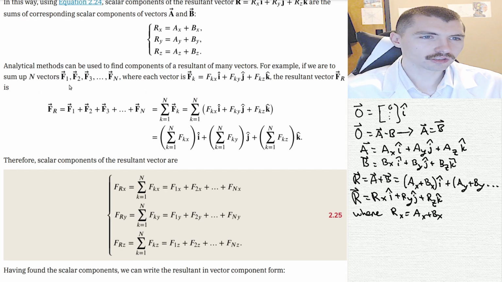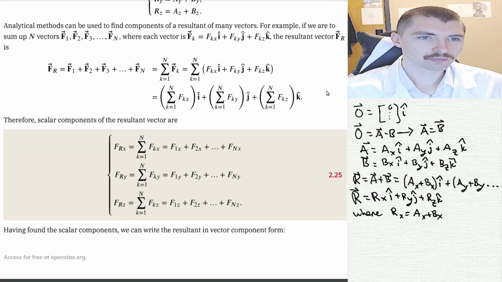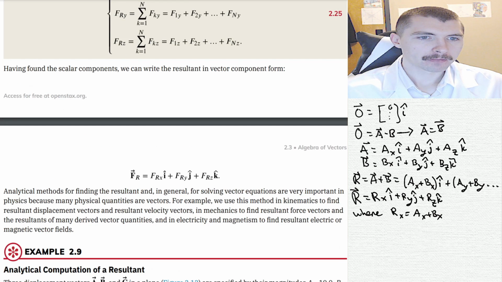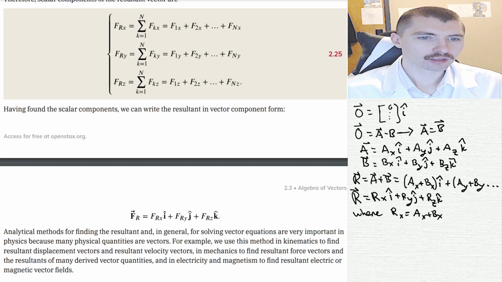Example, for summing n vectors, each vector k... okay, so this is just a very compressed way to say it.